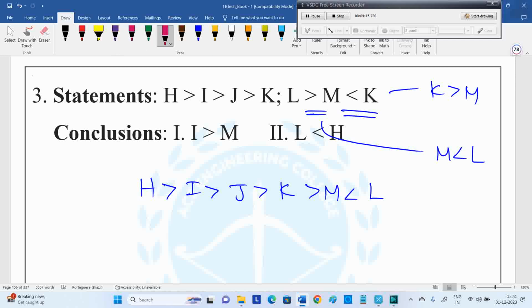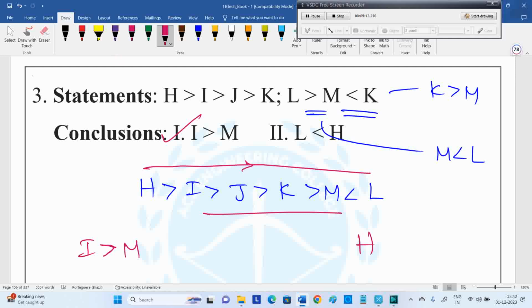The first conclusion is between which variables? Throughout the path I to M, is there any common symbol? Greater than. So the first conclusion is correct. Definitely true. There is no second thought. What about the next one, sir? Between what variables? L and H or H and L, throughout the path, is there any common symbol?